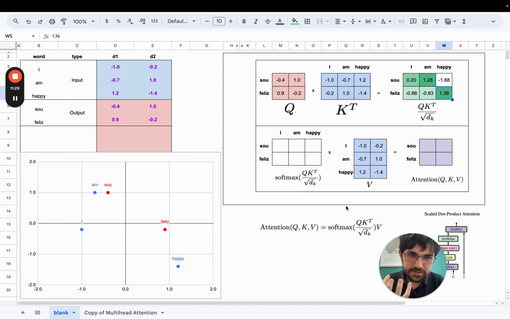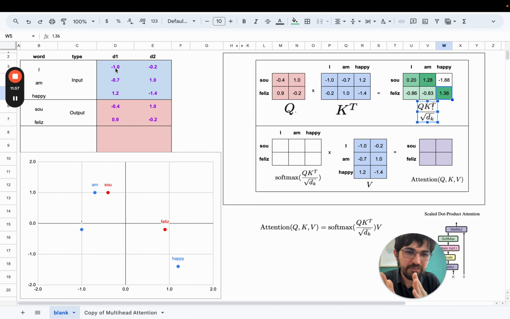And after this, first we also need to divide by the square root of the dimension. The reason is that if we have a very large dimension, those values tend to be giant, and the gradient would tend to explode with very large values.